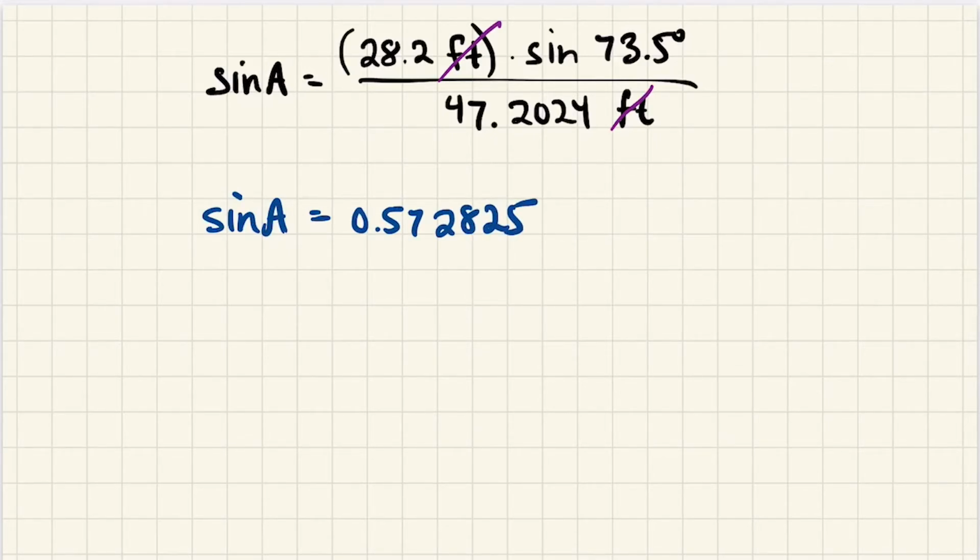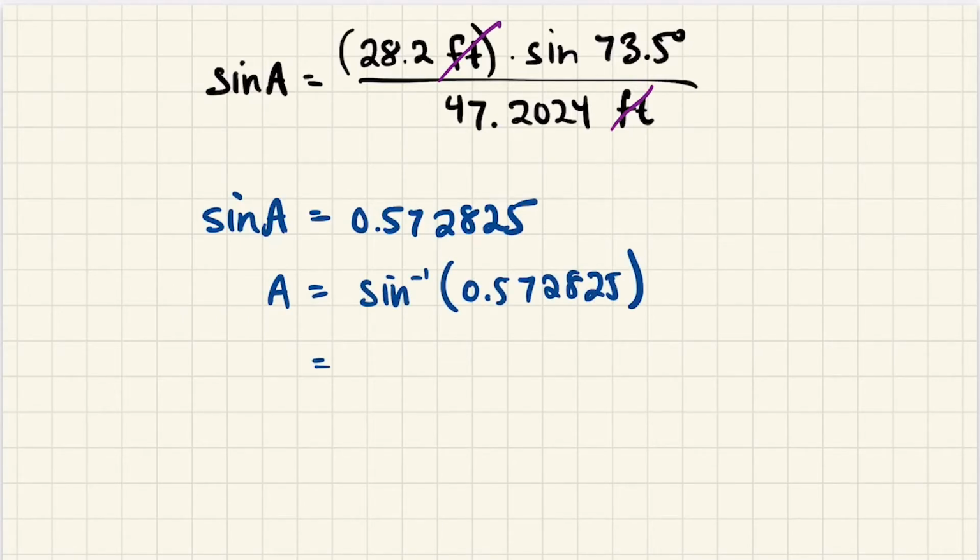So in my calculation, I have sine of A arriving at 0.572825, and we are just going to take the inverse sine of that to obtain A. So I get that A is 34.9475 degrees.